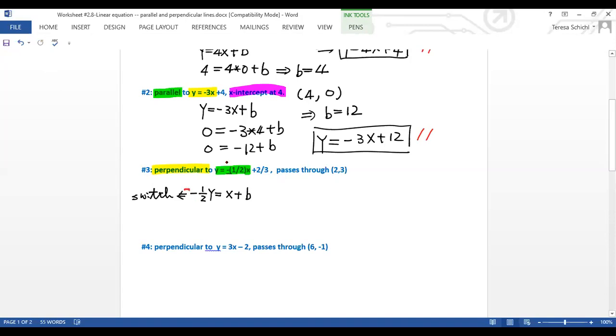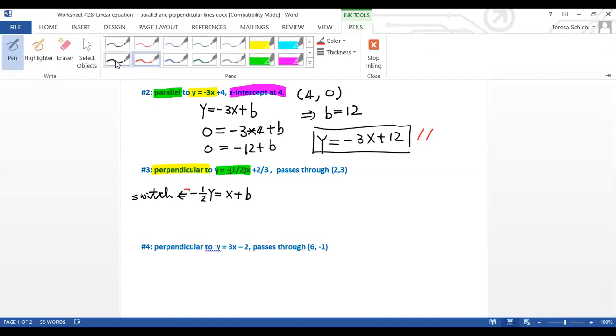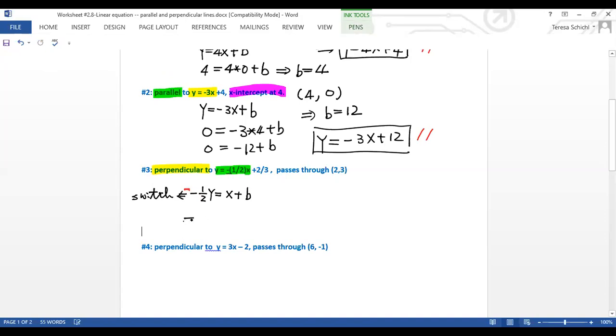So negative times negative gives me positive, so I will have 1/2 y equal to x plus b. Then I need to solve for b. If you like, you can simplify it.